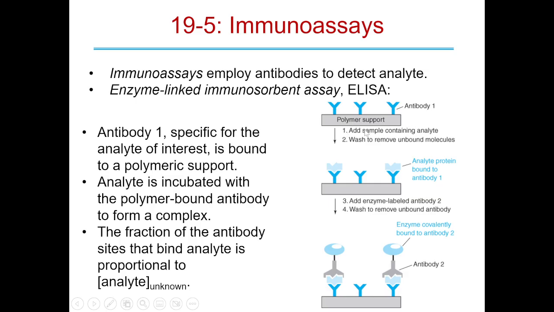Anyways, you would add a sample containing analyte. You would then wash to remove the unbound molecules. So you'd add your sample, and then you'd wash that sample through for anything that's unbound. Okay? So this would be the analyte protein that's bound to the antibody. By the way, yes, this can be like an antibody test sort of thing, where you're looking for the spike protein or whatever.